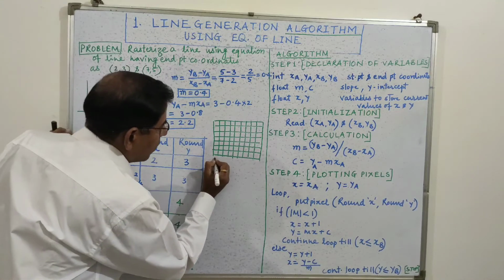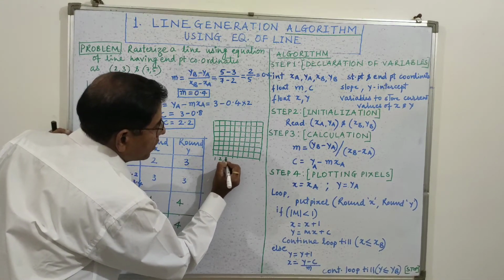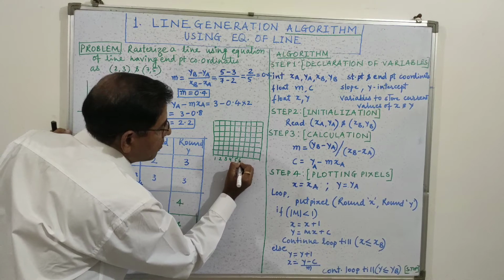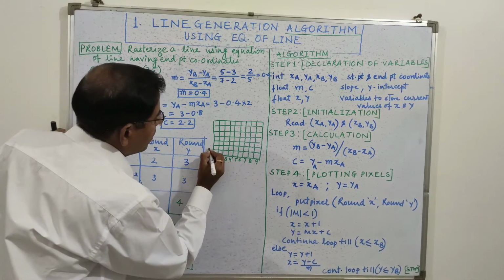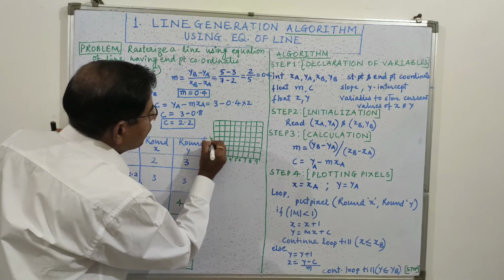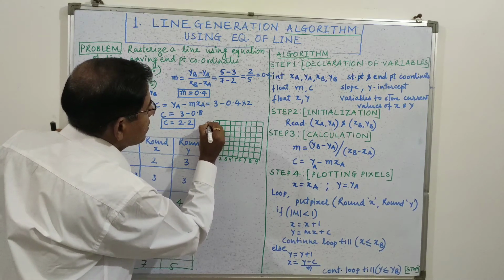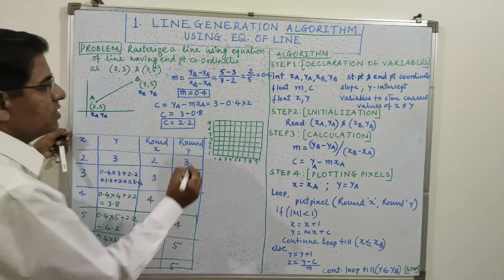So this is 1, 2, 3, 4, 5, 6, 7, 8, 9, and 1, 2, 3, 4, 5, 6, 7. Okay, so this is a raster screen.